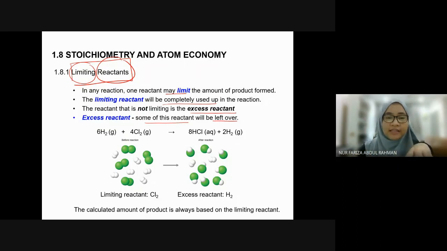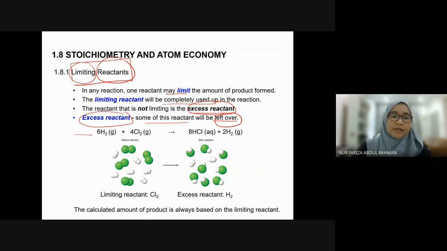It means the reactant that finishes first, that is consumed first in a reaction. So one will finish earlier than the other. That means the other reactant will become the excess reactant. So one is a lot, the other is a little. The remaining is called the leftover, or the leftover comes from the excess reactant.